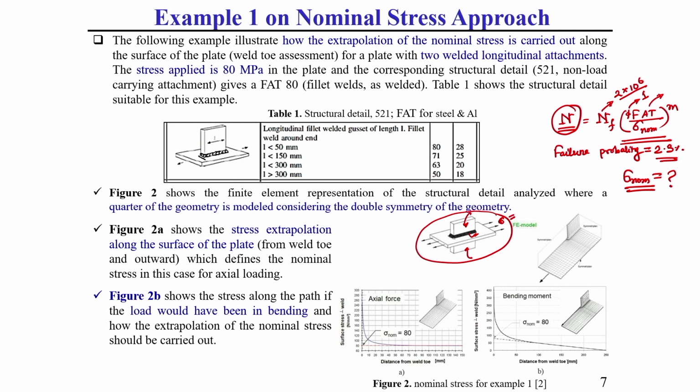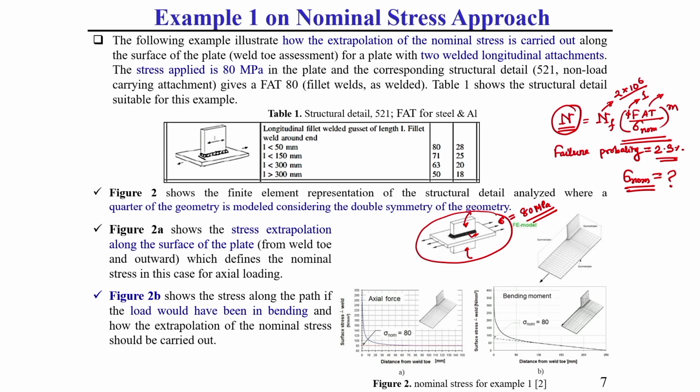It is subjected to a stress amplitude of 80 MPa. For this case, we need to find out what its nominal stress should be.